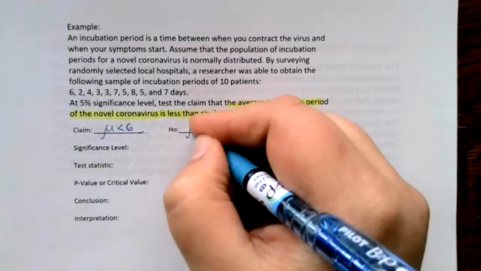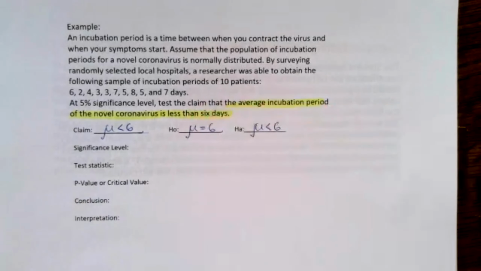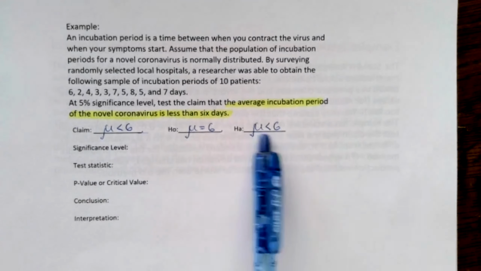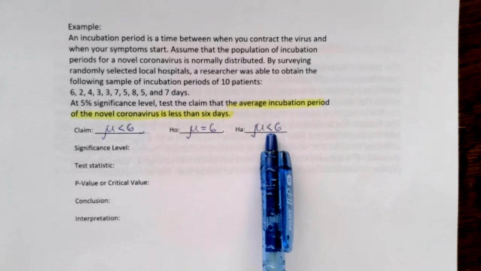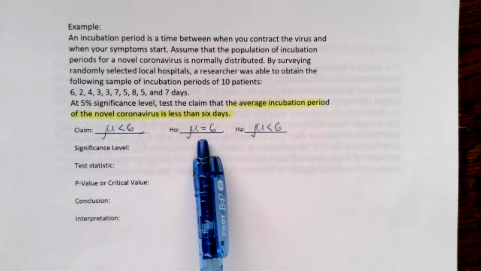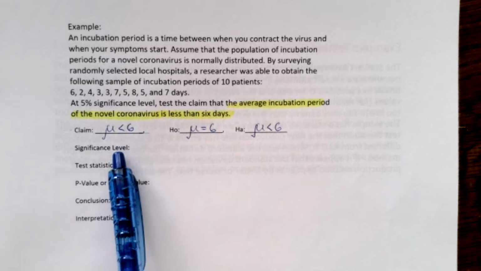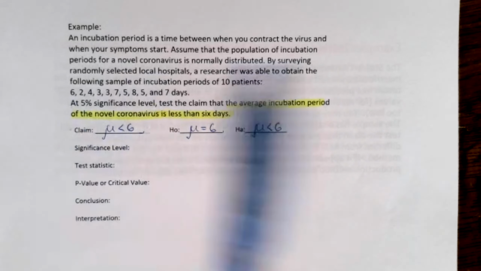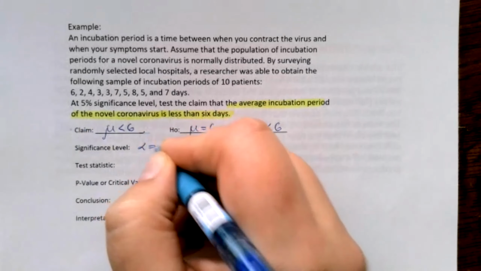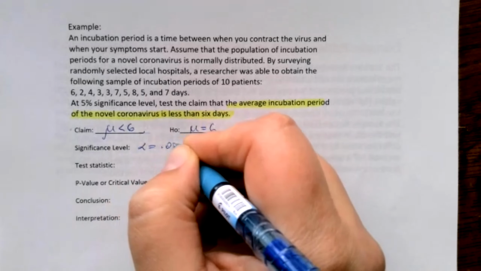The null goes in with the equal sign. We're going to use the same expression, just change the less than sign to the equal sign, and that's your null. All right, so significance level. This is a 5% significance level, so alpha is 5%.